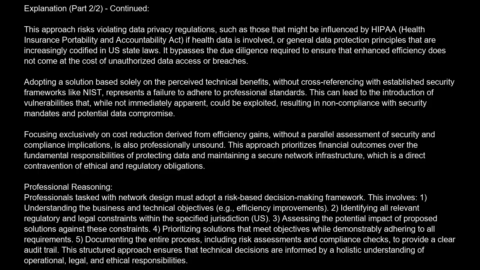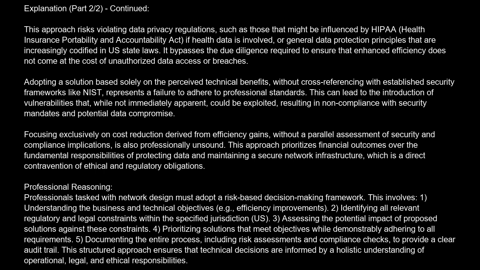Professional reasoning. Professionals tasked with network design must adopt a risk-based decision-making framework. This involves: 1. Understanding the business and technical objectives, e.g., efficiency improvements. 2. Identifying all relevant regulatory and legal constraints within the specified jurisdiction, U.S. 3. Assessing the potential impact of proposed solutions against these constraints. 4.